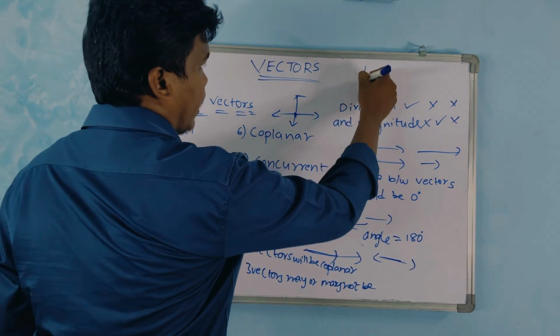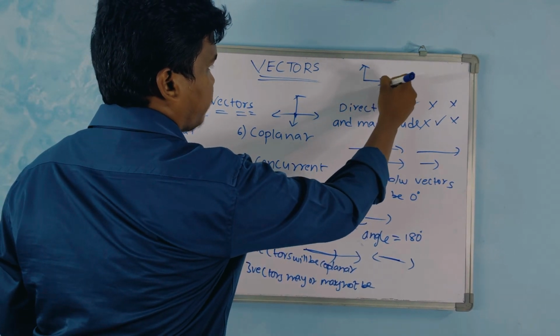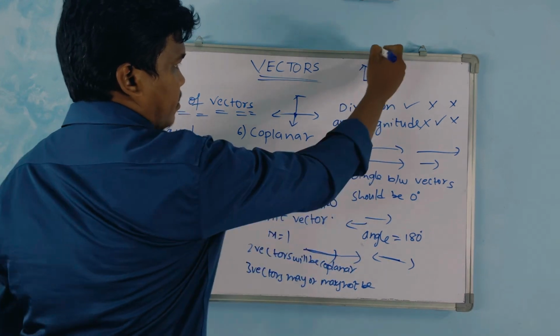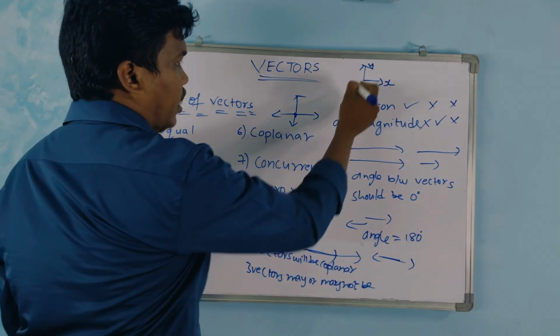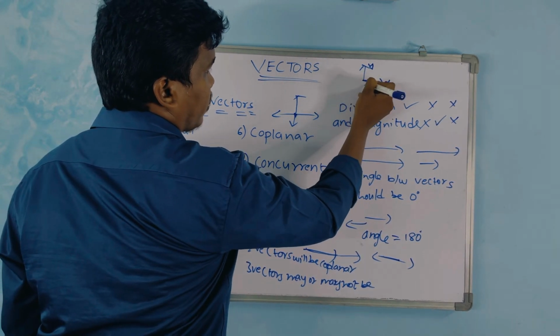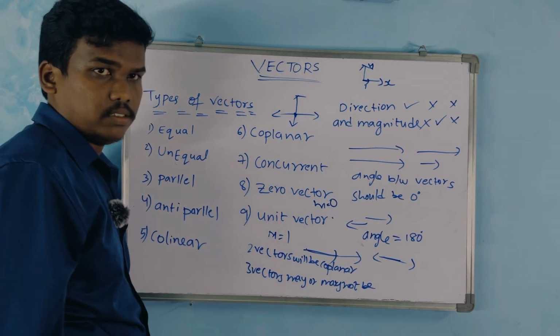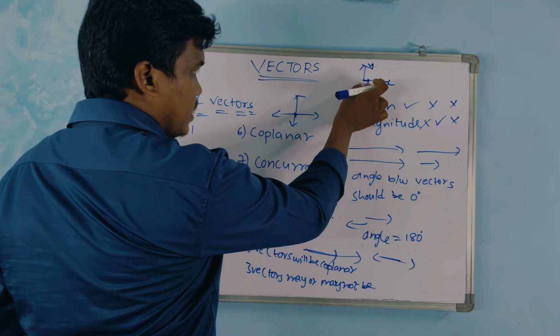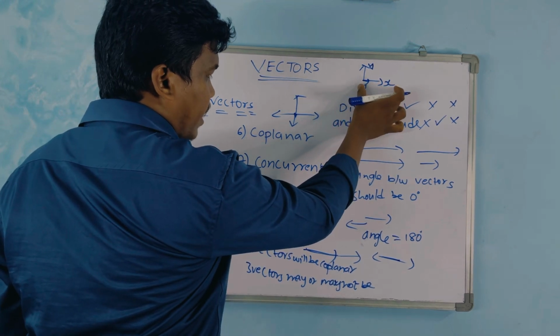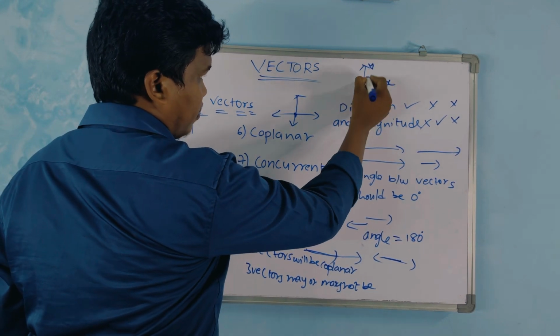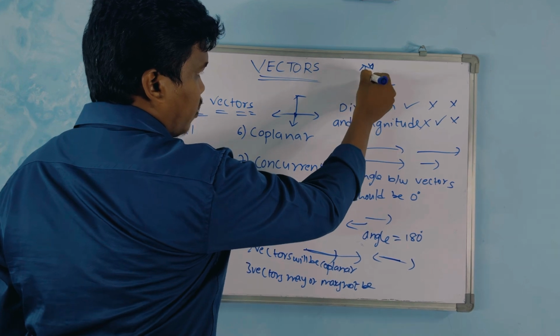We have x and y axis. In this axis, there is a unit vector, here its magnitude is 1. So, this unit vector represents the direction of the x-axis. Here there is another unit vector.